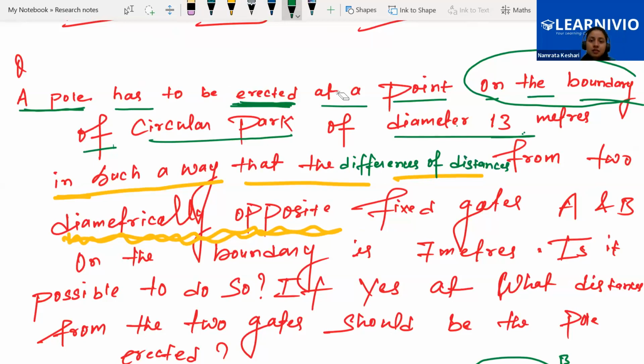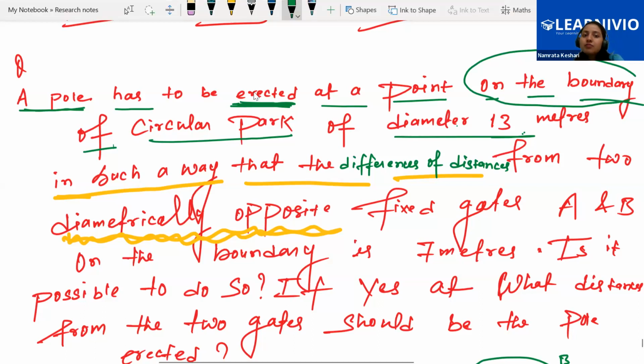Let me match the whole sentence. Differences of distances from diametrically opposite fixed gate A and B on the boundary is 7 meter. Okay, this is how we are having the question.